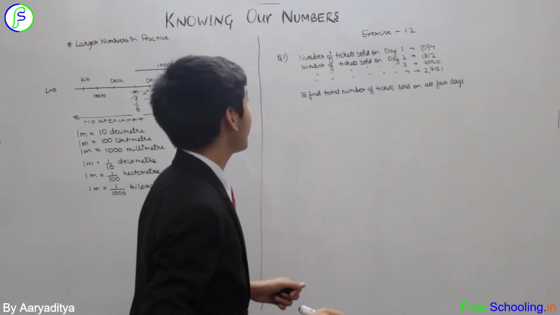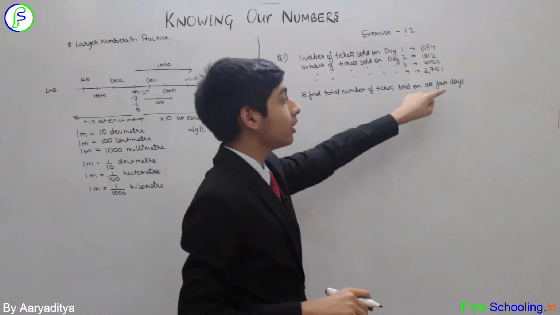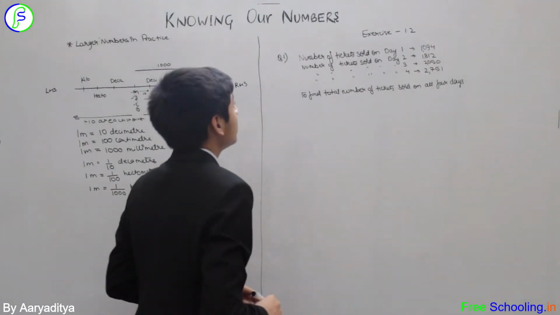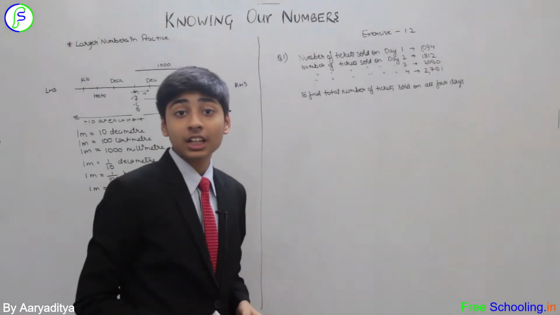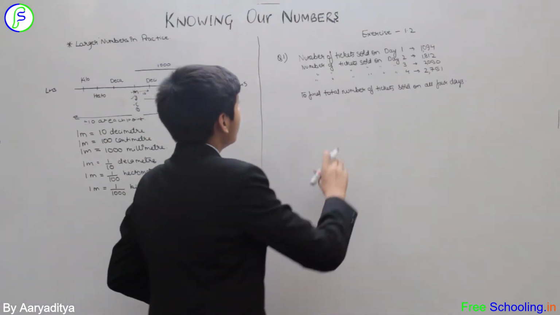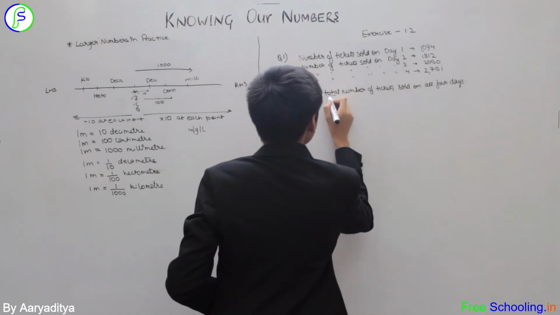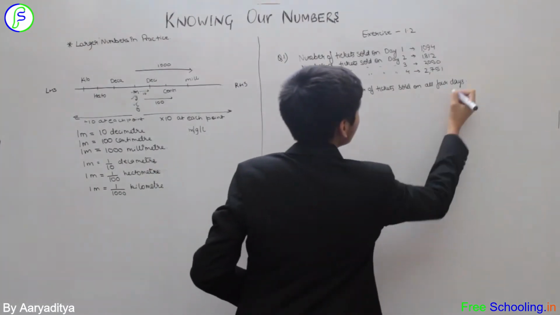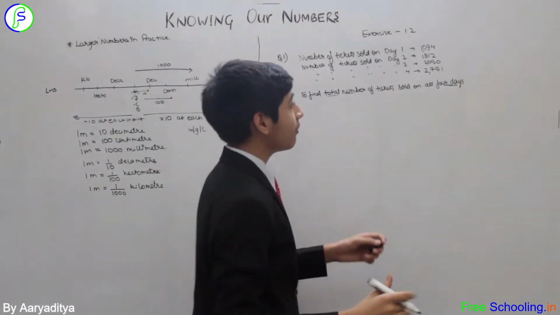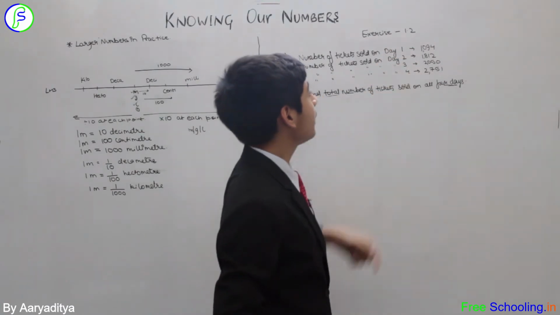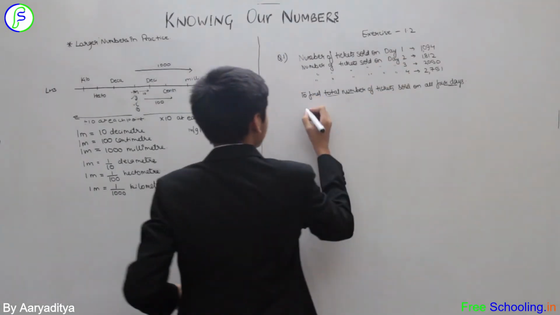Okay, so what do we need to find out? We need to find the total number of tickets sold on all 4 days. So which operation are we going to use here? So the question says find the total. Okay, it says total number of tickets 4 days. So what we need to do is just to add the tickets sold on all 4 days.